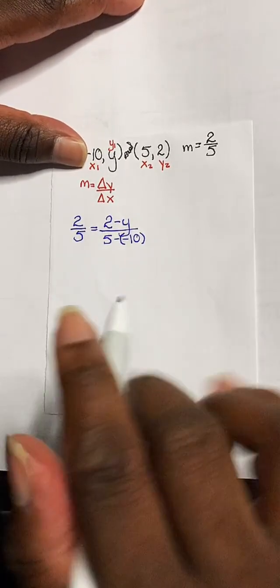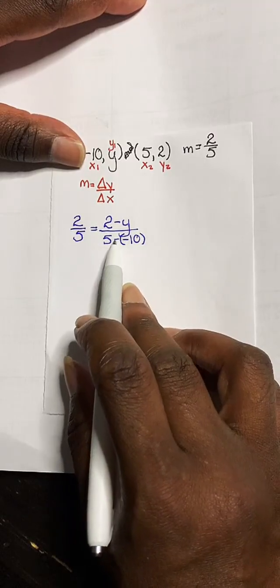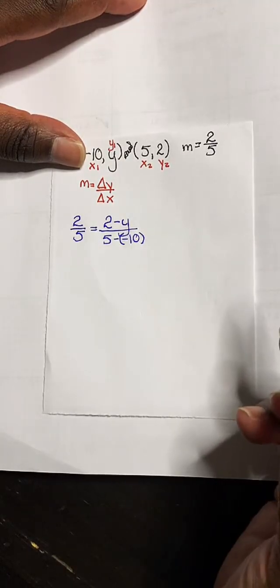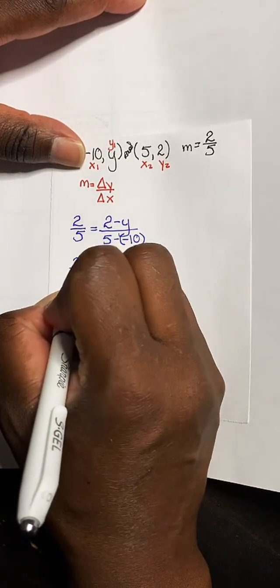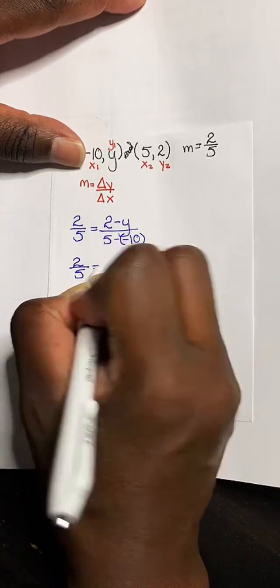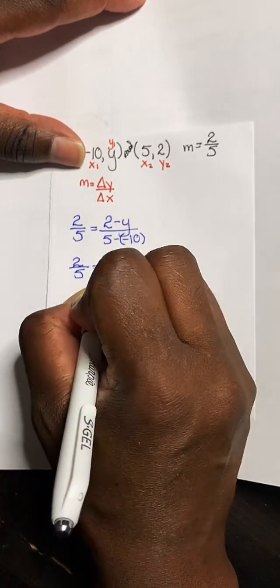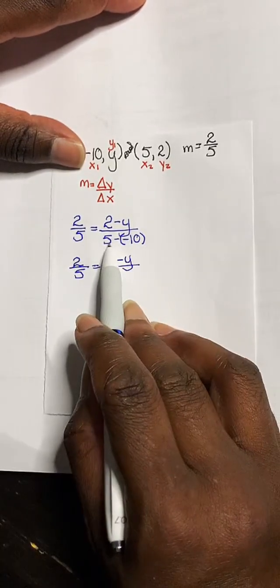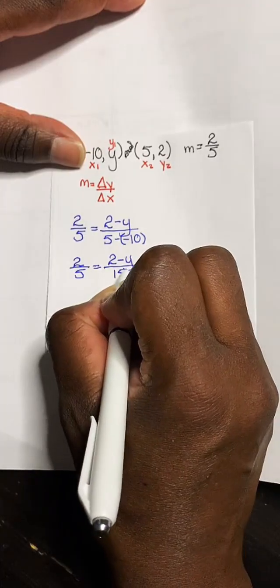Okay. So now this 5 minus -10, when you minus a negative, it turns positive. So it's actually going to be 2/5 is equal to 2 minus y over 5 plus 10, which gives me 15.